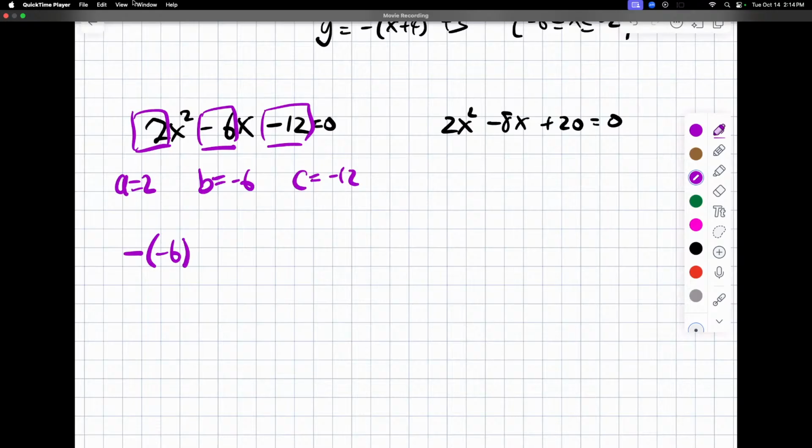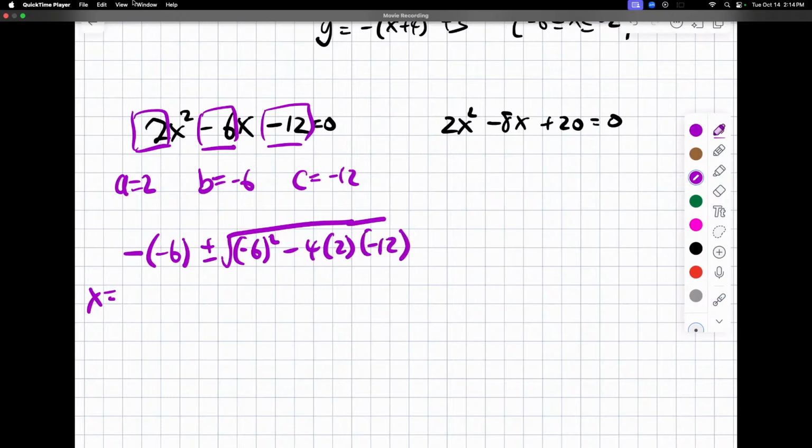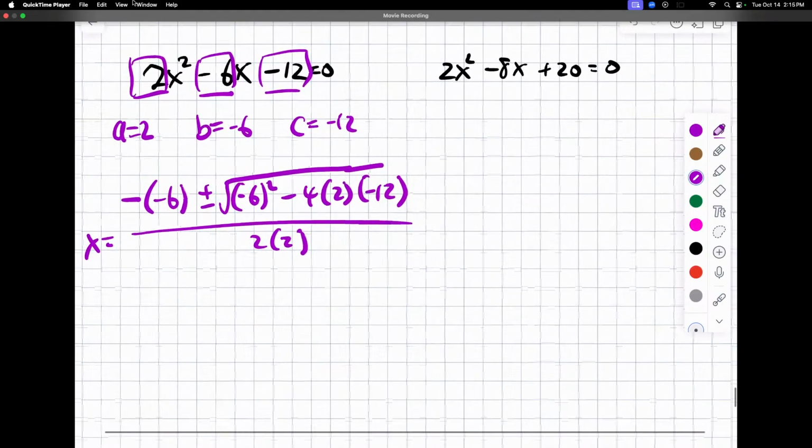Plus or minus. They probably want you to say it. The sad boy squared, and make sure you put parentheses. That becomes positive 36. Right. Minus 4 times 2 times -12, all over 2 times 2. If you don't know how to do the quadratic formula, that's how you do it.